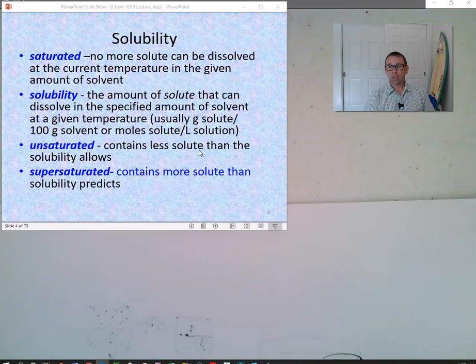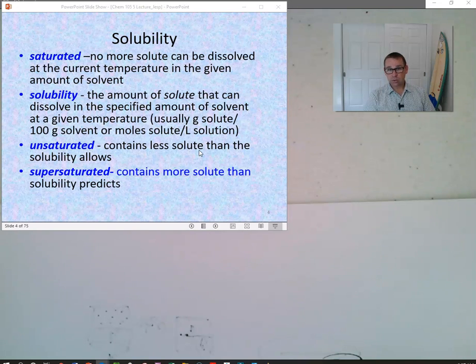For example, if you take dirt and put it into water, the dirt just doesn't disappear like the sugar seems to disappear. The sugar in water, it'll all disappear. But if you put dirt or a little teaspoon of flour into water, the flour doesn't dissolve. So we say that the flour or the dirt is insoluble. It's not soluble. Okay? The sugar is soluble.